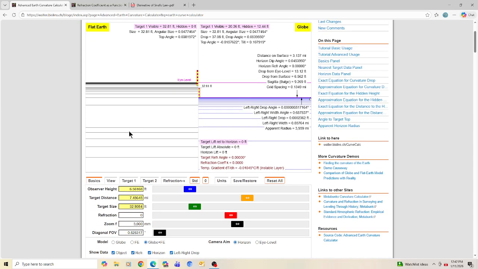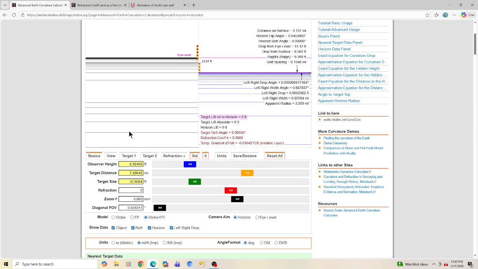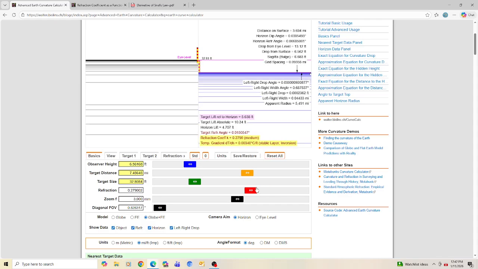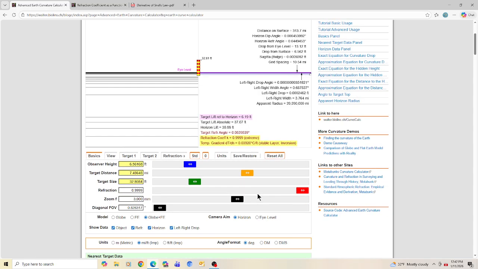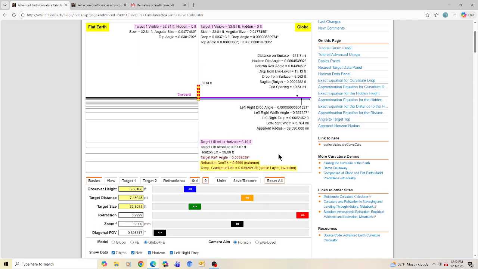And at that point, what evidence do you have? If you have to rely on changing an apparent radius of the Earth, I can tell you right now, there's a very, very, very, very, very high probability that you're applying refraction incorrectly.